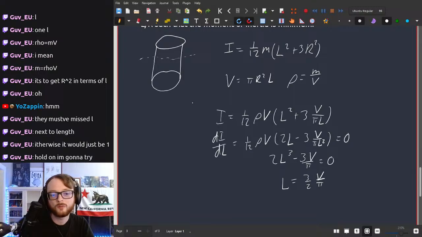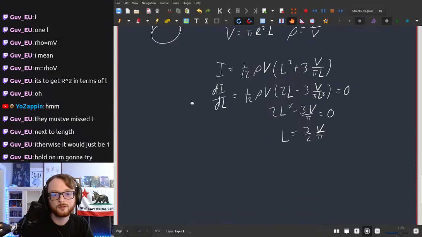And then do we want to do the same thing but with R and then divide them maybe?